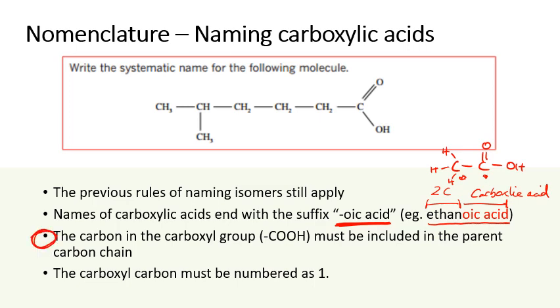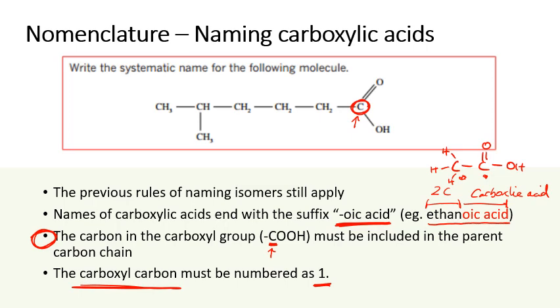Now, here is the key point. The carbon in the carboxyl group, so this carbon right there, must be included in the parent chain. So it doesn't matter if it's a shorter chain, it must be included in the carbon chain. And the carboxyl carbon, so that carbon right there, must be numbered 1.